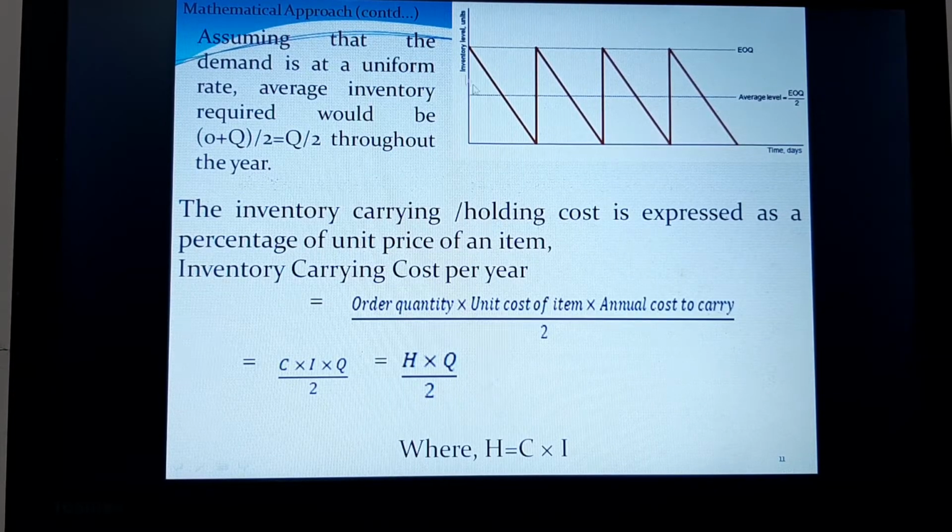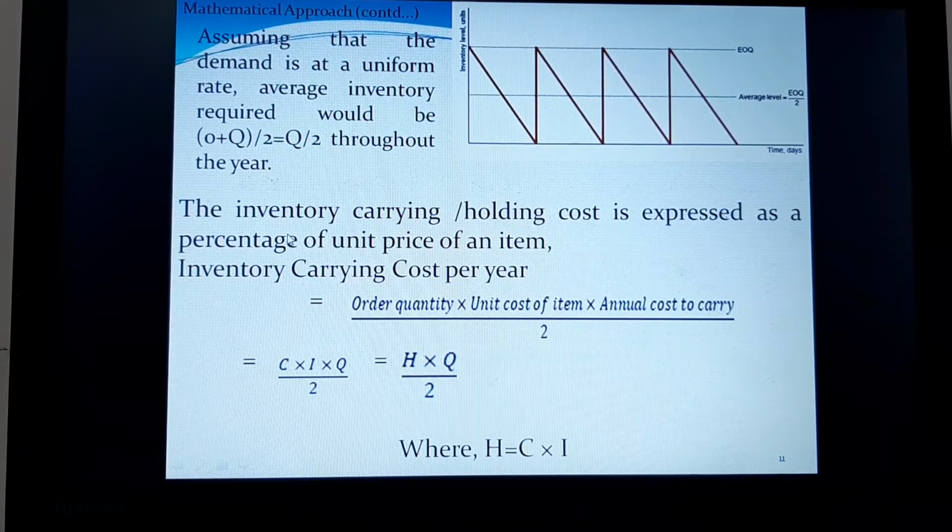As time passes, the level of inventory comes down, and at this point we again replenish your order, so your total inventory level goes like this. This is how the process continues. If the demand is at a uniform rate, the average inventory required would be equal to Q by 2. That is the Q by 2 that you are going to have.